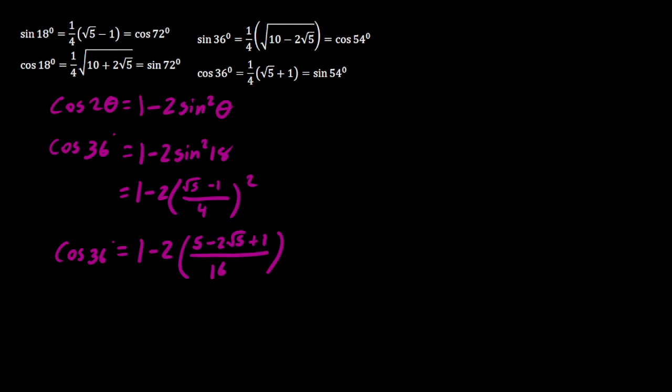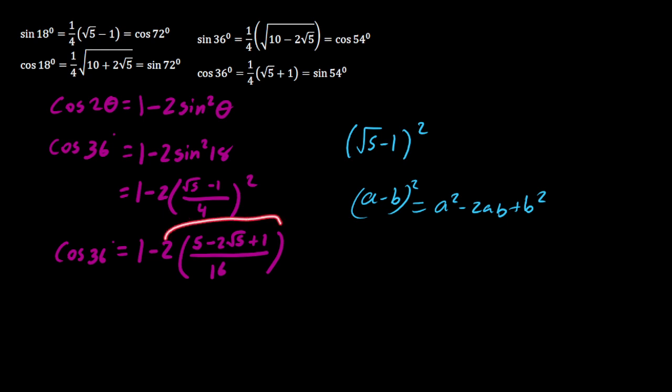Now, if you're wondering why or how I got this from this, all I've done is taken root 5 minus 1 squared, and I've just squared it. So you should know the a minus b whole squared formula, which is a squared minus 2ab plus b squared. That's all I've done over here, if you really look at it.